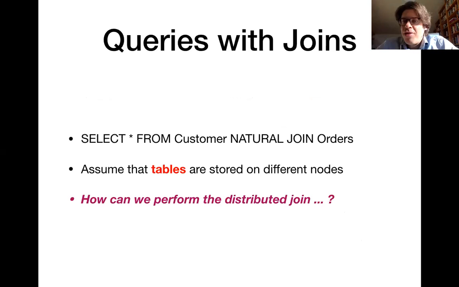What would perhaps be the easiest alternative? Yes. So I guess the easiest alternative here would indeed be to send one table to the node already storing the other table, and then the other node can take care of doing the join.